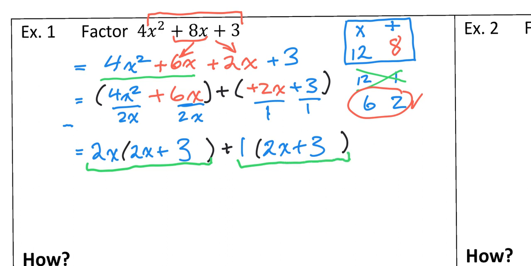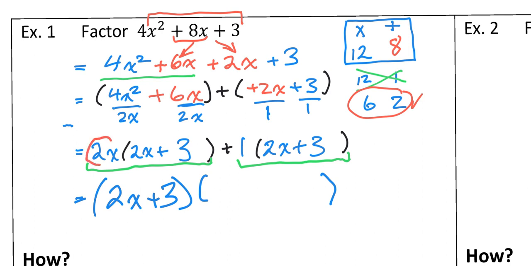So what we can do is imagine that we pull it out to the front of our bracketed set because it's a common factor. So we've got 2x plus 3, and then what's left over is what sits in front of each of these terms. So we've got 2x and 1. So we're left with 2x plus 1.